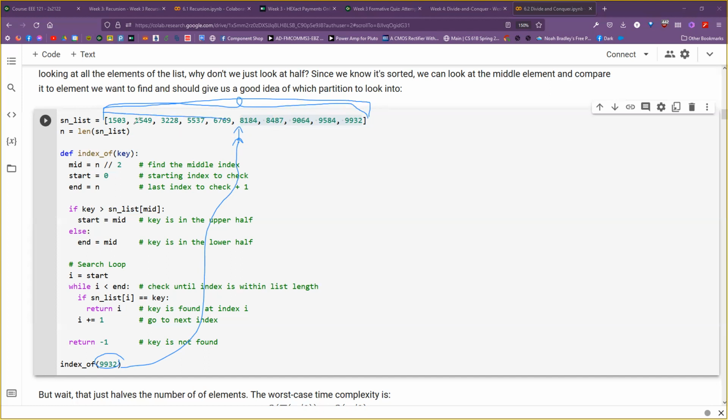So, alam mo na yung partition na kailangan mo pansinin, which is this one. So, paano mo siya hanapin dyan? You use binary search. So, ayun, ang divide and conquer usually used with recursion, although hindi naman siya necessary.